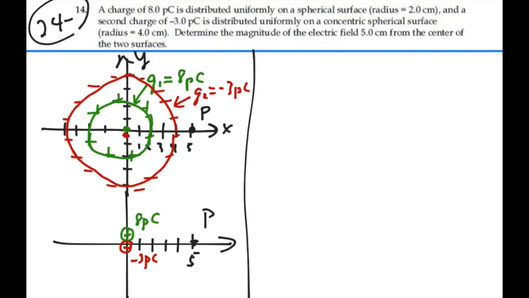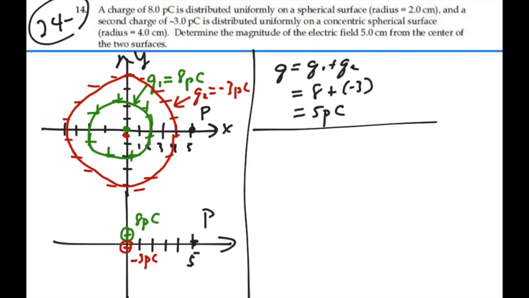Well, then our total charge is going to be Q1 plus Q2, and that will be 8 picocoulombs plus -3 picocoulombs, 5 picocoulombs. And our electric field will be equal to K times our total charge, acting like a point charge, over R squared.